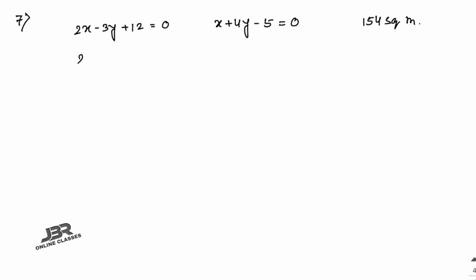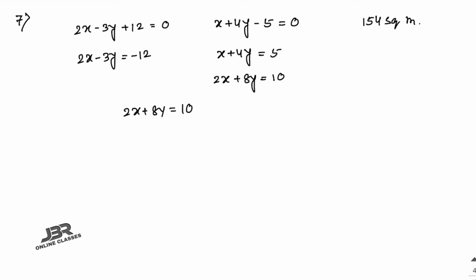So 2x minus 3y equal to minus 12, and x plus 4y equal to 5. Multiply it by 2, it becomes 2x plus 8y equal to 10. So write down 2x plus 8y equal to 10 and 2x minus 3y equal to minus 12.